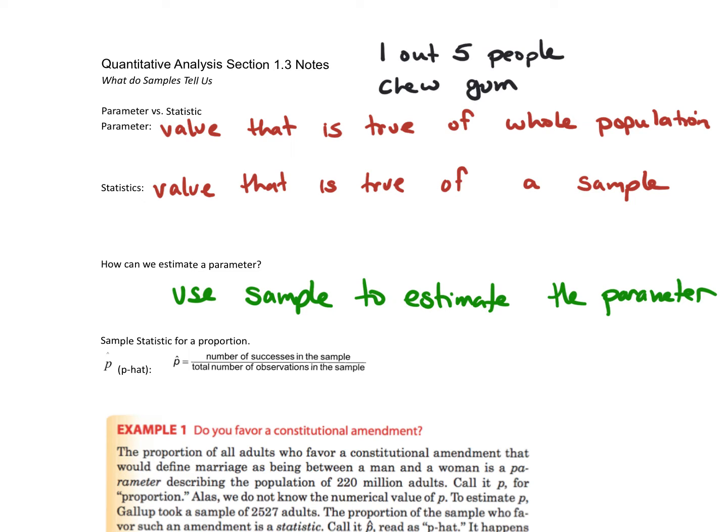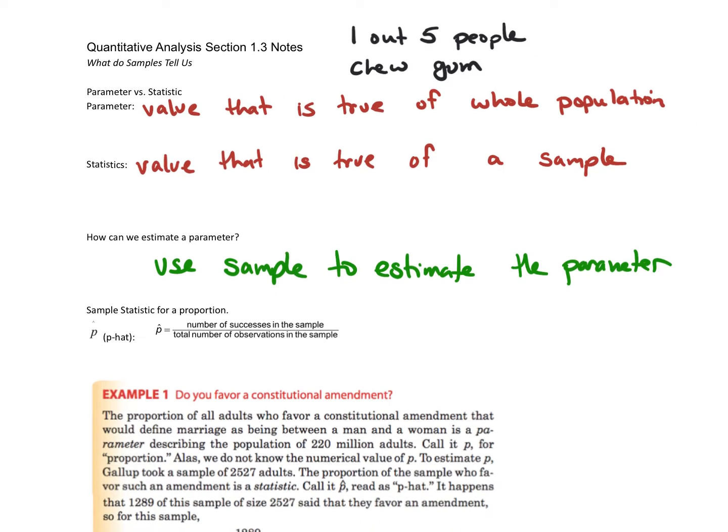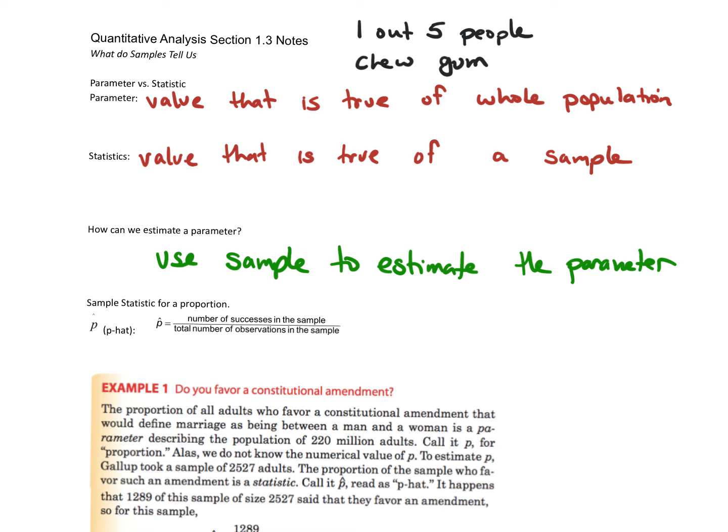Okay? So our first statistic we're going to talk about in this class is what is called p-hat. P-hat is just a symbol. It's a little p with a little hat on top of it. And p-hat is what's called the sample proportion. A sample proportion is basically how many out of how many. So if you look at this little formula, p-hat is the number of successes in the sample over the total number of observations.